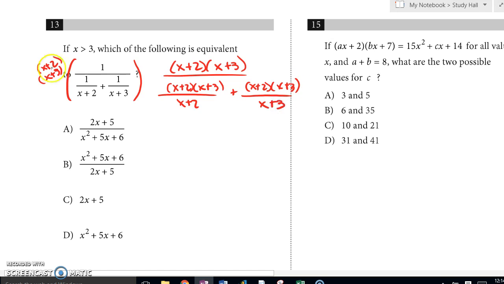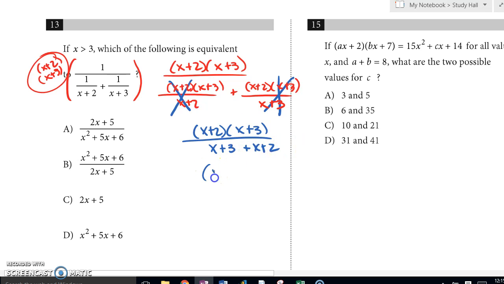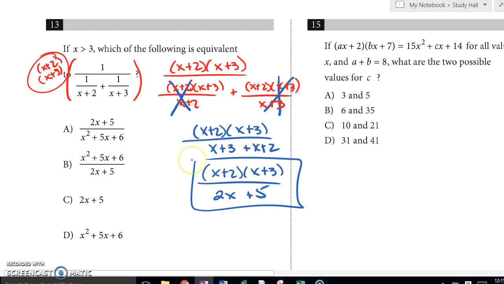Every numerator gets multiplied by this because that's how we multiply fractions. So these cancel, and I'm left with x plus 2, x plus 3 over x plus 3 plus x plus 2, which is 2x plus 5. Okay, so the original expression looks like that.